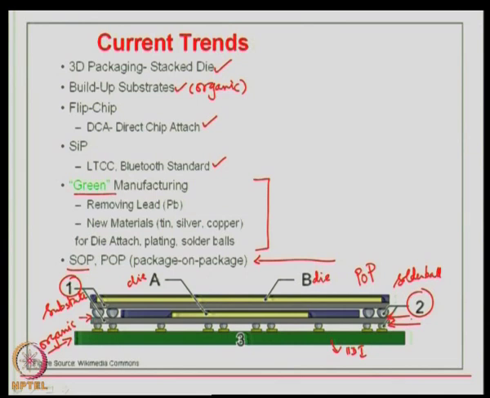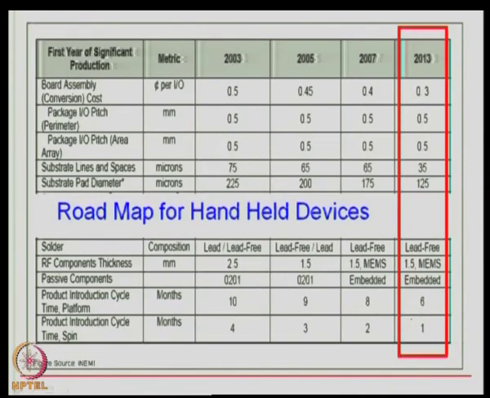Presenting a POP like this is similar to a stacked die, but the fact is that a lot of thought has to go into the design of package on package, because one package sits on top of another package, and therefore, provision for landing pads for one of the dies has to be well designed. So, these are the current trends in packaging.